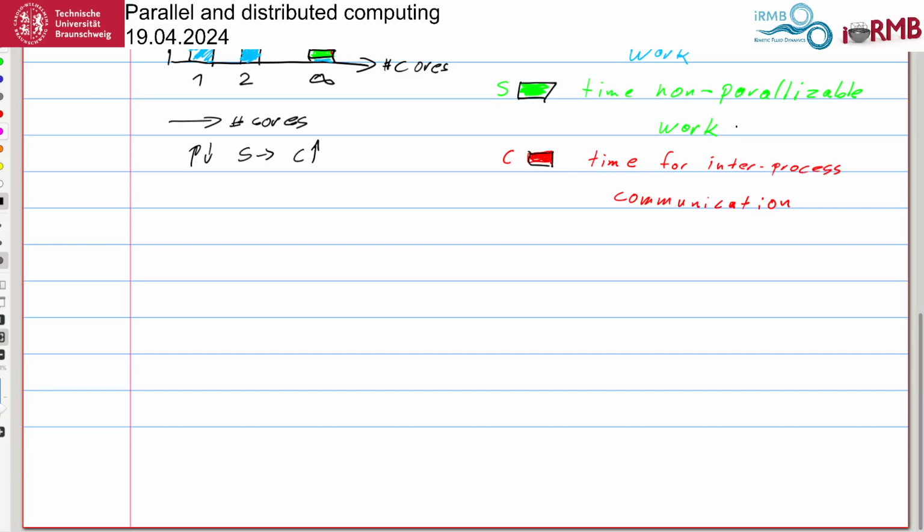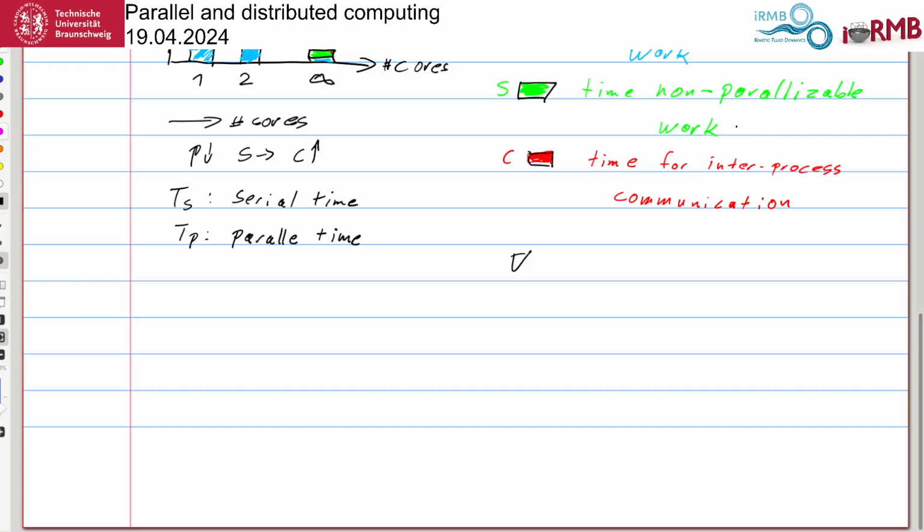Yeah, so just as some road signs, if you will. So let's say we define Ts as the serial time to conduct all the operations, and Tp as the parallel time to do the computations.